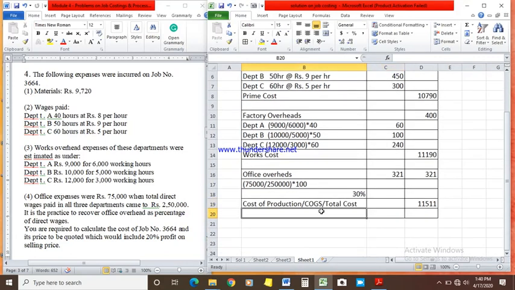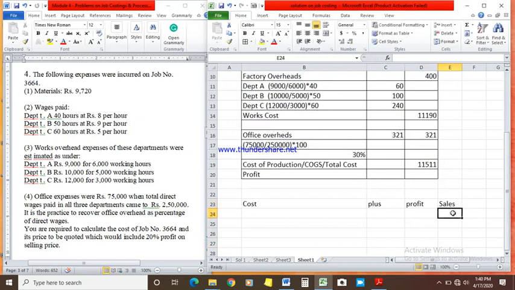And finally, I'm going to add the profit. While adding the profit, it is mentioned 20% profit on selling price, which means cost plus profit will give us sales.